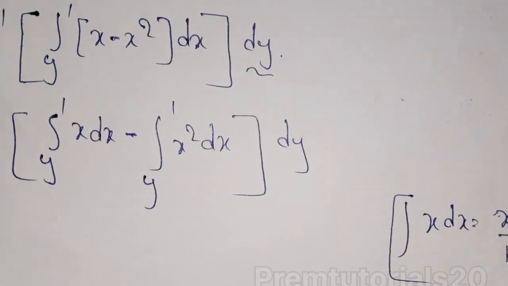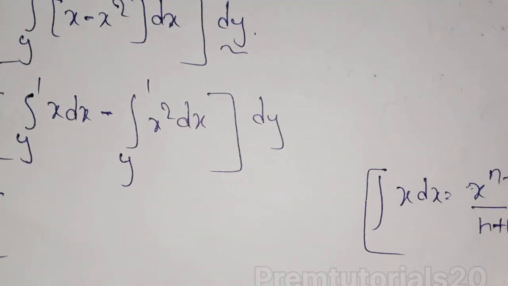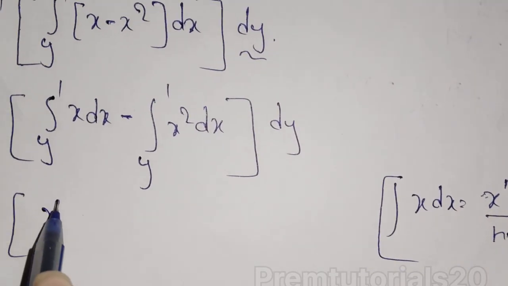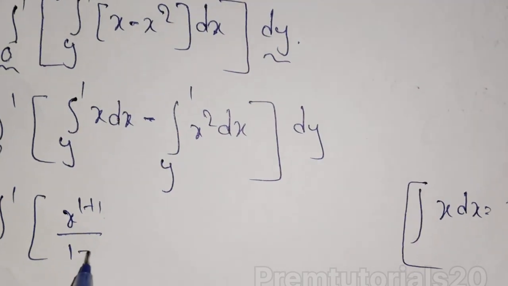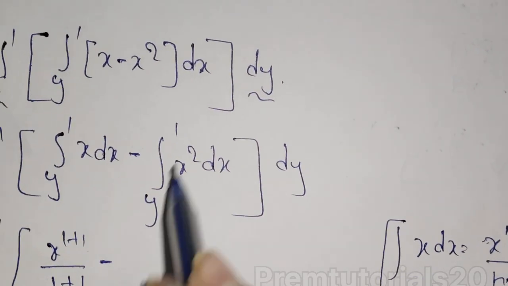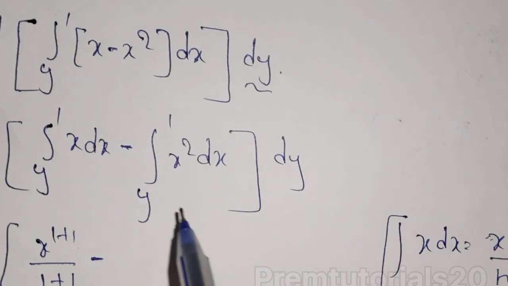So integral x dx is replaced by x power 1 plus 1 by 1 plus 1, minus integral x square dx. What is the formula?